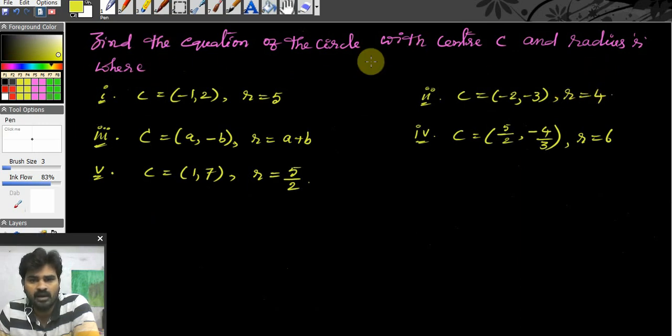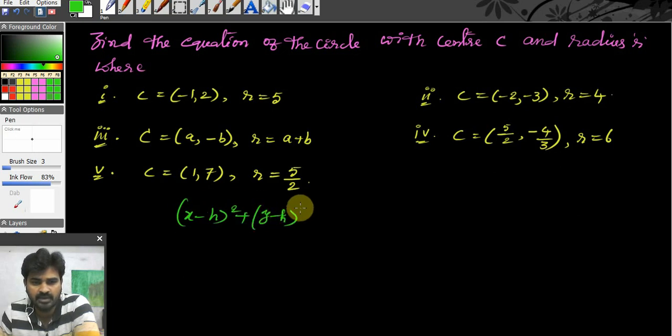In all the problems there will be a center and radius, and you have to find the equation of the circle. So the hint is: how to find the equation of the circle? What formula do you have to use? Yes, it is (x minus h) whole square plus (y minus k) whole square is equal to r square. This is the equation of the circle.